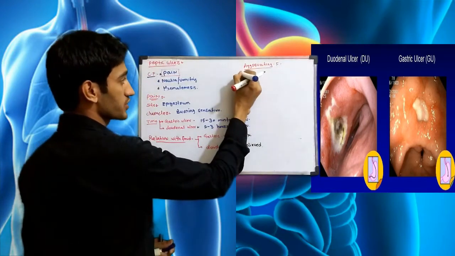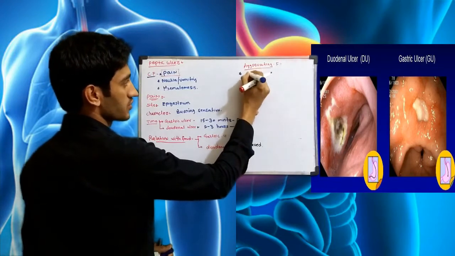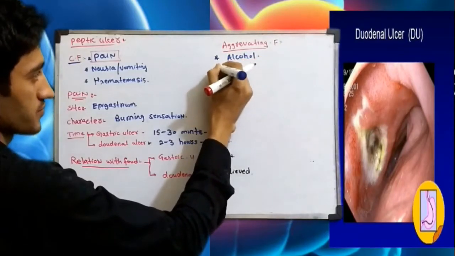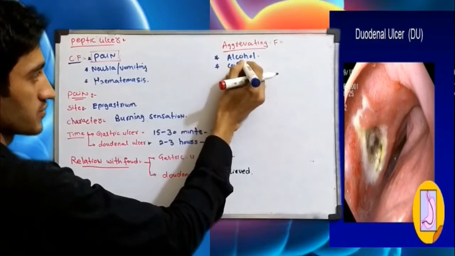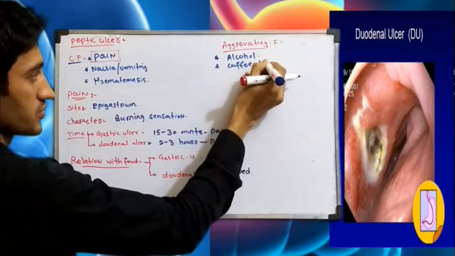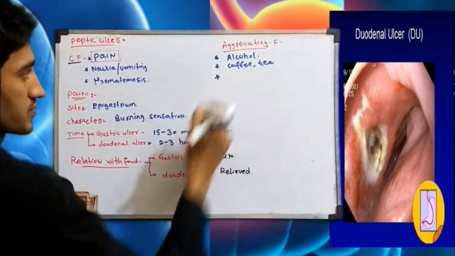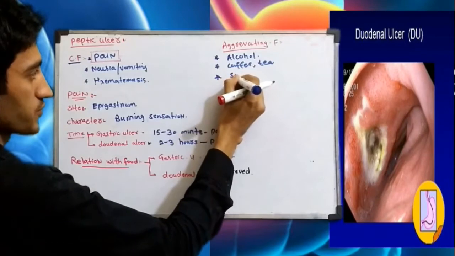The pain can be increased with alcohol intake, coffee, tea intake, and spicy food.